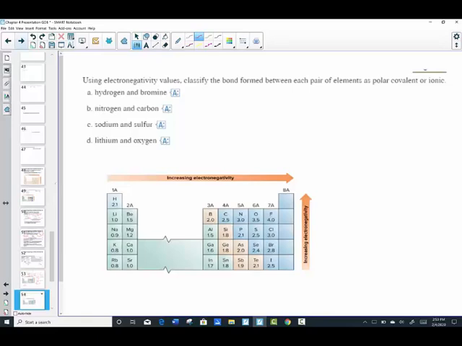Try these on your own. Will they be a pair of elements as polar covalent or ionic? Now I know it says using electronegativity values, but you can just rely on the chart and what we know: metal to nonmetal, ionic.